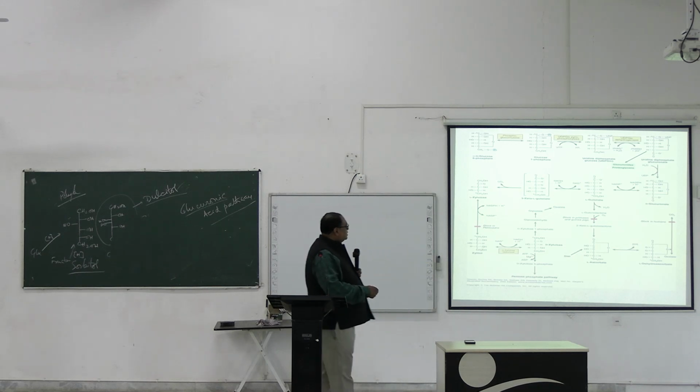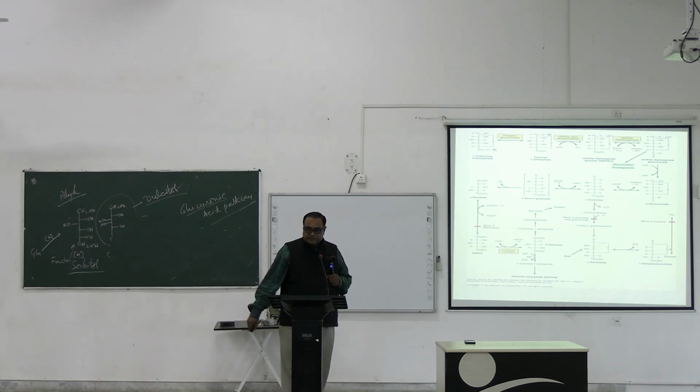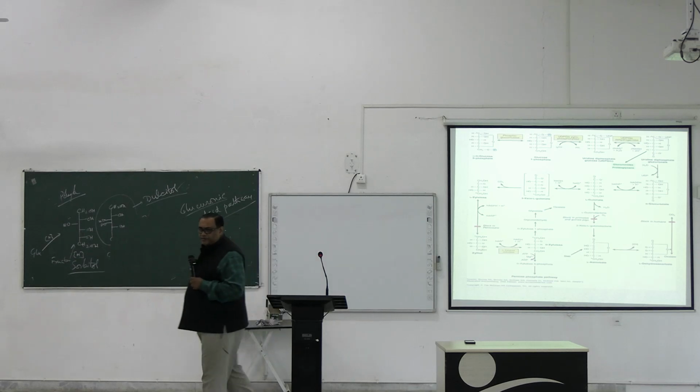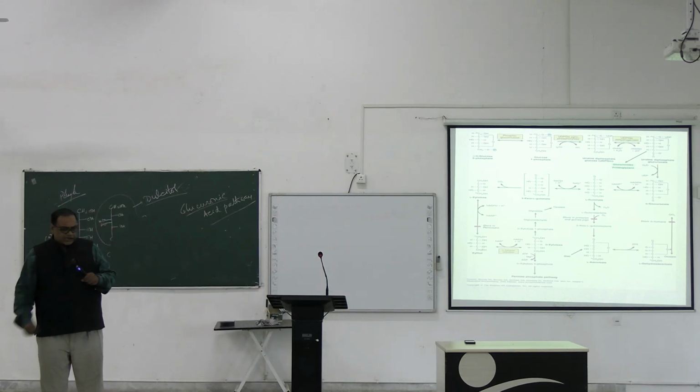Correct? In this pathway, there is an enzyme block in pentosuria. Name of the enzyme, write down: xylitol dehydrogenase. Essential pentosuria: enzyme defect, xylitol dehydrogenase.